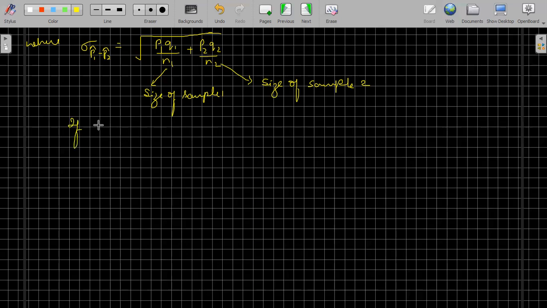And if P1, P2 are not known, meaning the population proportion is not known, in that case we find the weighted average value of the sample proportions by using the formula p bar equals n1 p1 cap plus n2 p2 cap, whole divided by n1 plus n2.